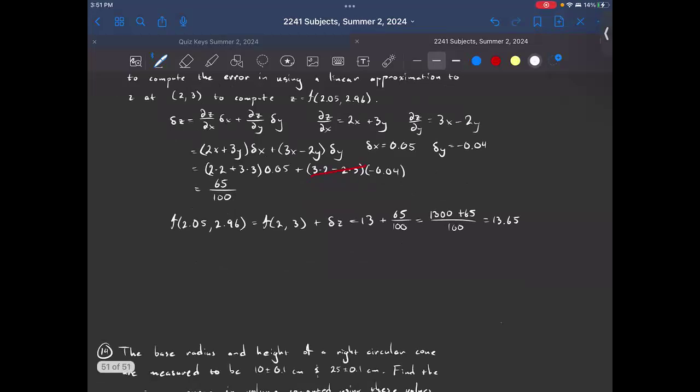And let's compare this to our delta z. So delta z is literally just the difference in these two things.